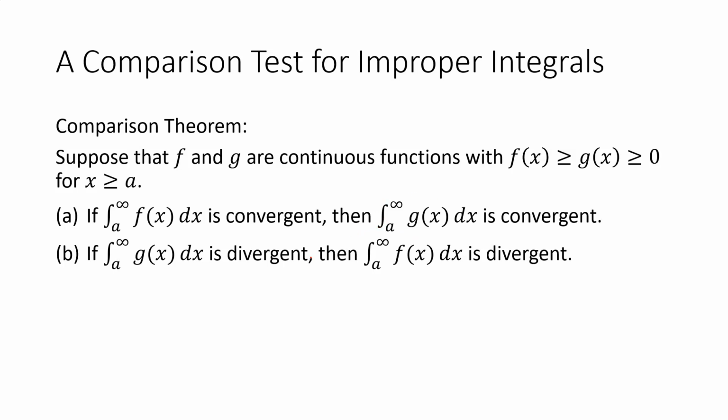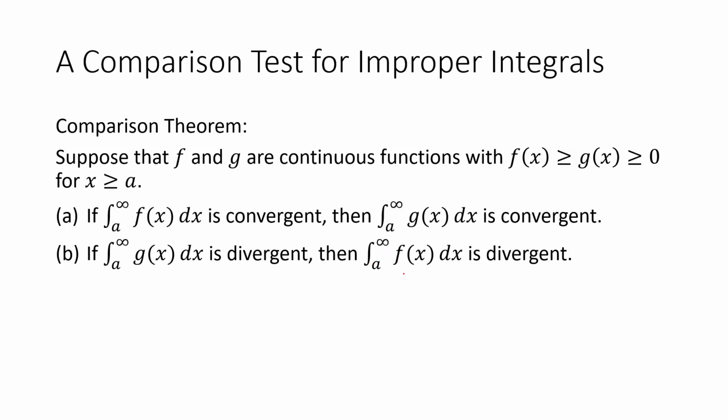On the other hand, if we're doing it the other way, suppose I know that the g of x function, when I integrate from a to infinity, is divergent, then we know that the bigger function, the f of x function, when I integrate from a to infinity, will also be divergent.